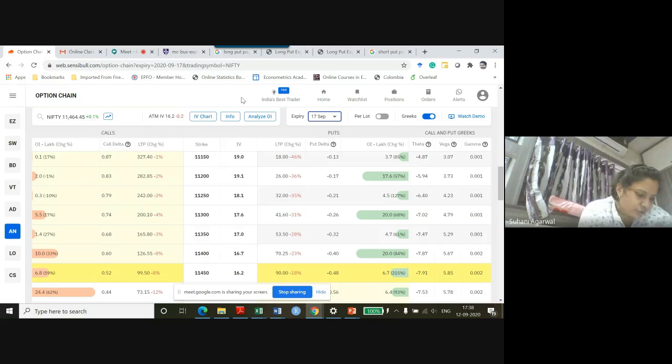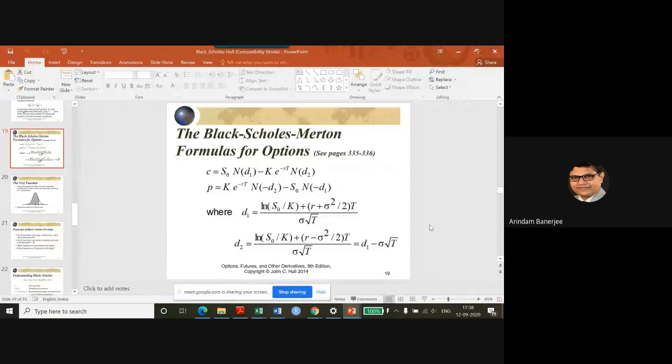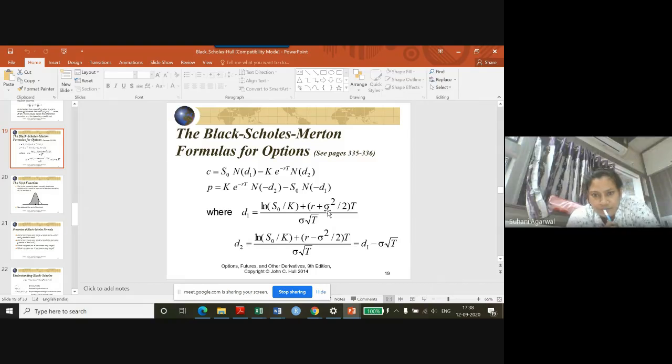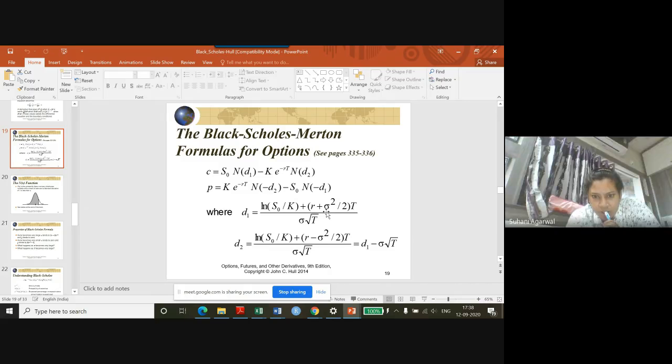Another question: with increase in variance of the underlying asset, the value of the call option will? Variance is standard deviation squared, that is, volatility. In the Black-Scholes formula, volatility is the only parameter where the power is 2.